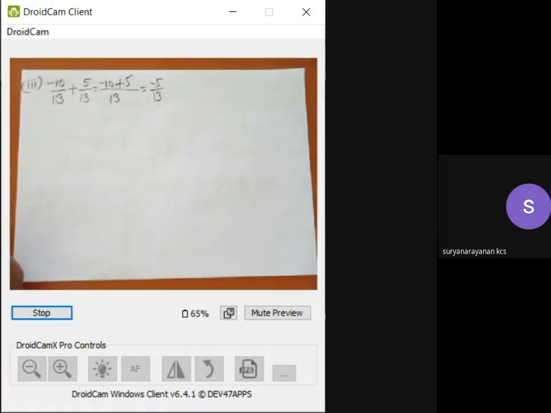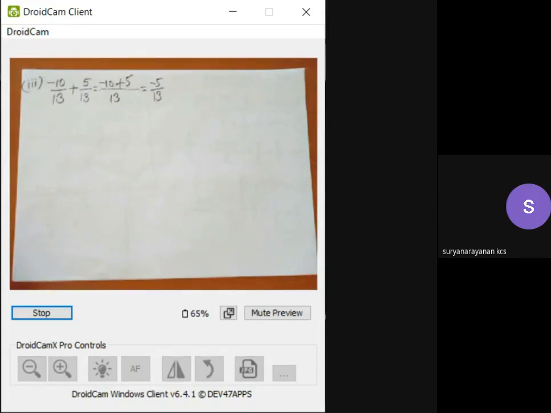Okay, my dear children, understood this one? How to add and how to subtract like fractions. In the case of like fractions, addition and subtraction is very easy. Simply we add the numerators and we simply subtract the numerators in the case of like fractions.